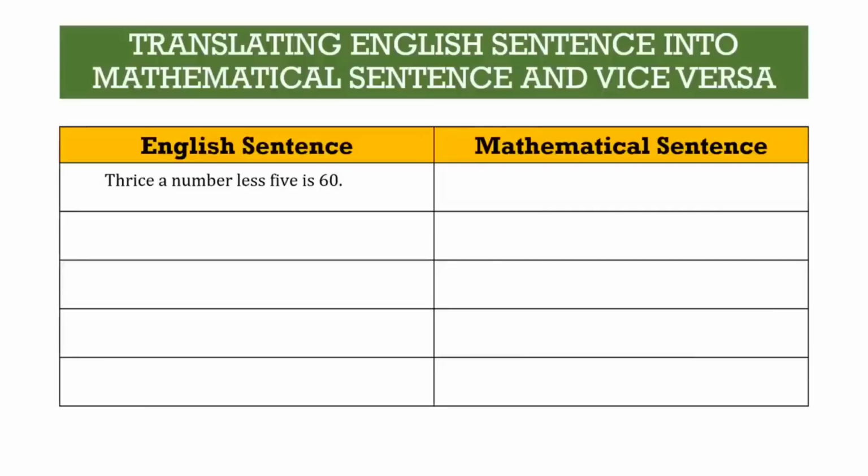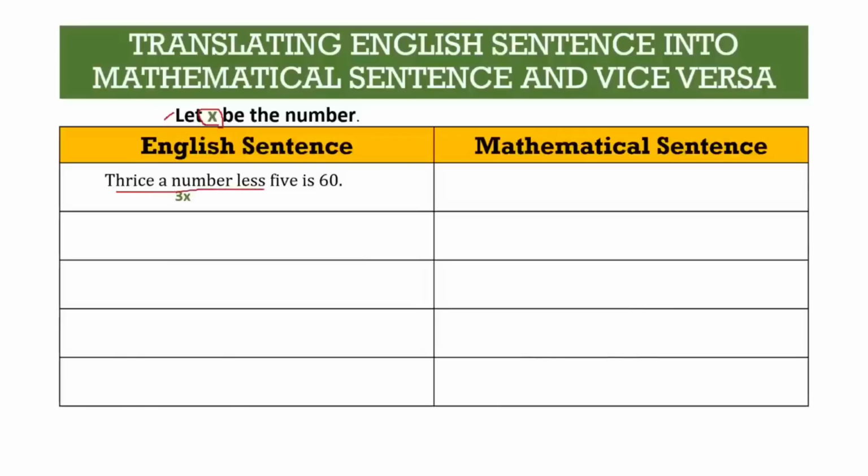For the first example, we write thrice a number less 5 is 60. Since we don't know the number, we let x be the number. This time we use x to represent whatever those numbers are. First, we have to write thrice a number.